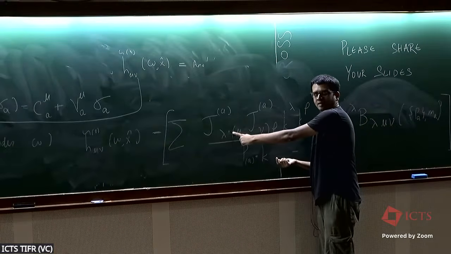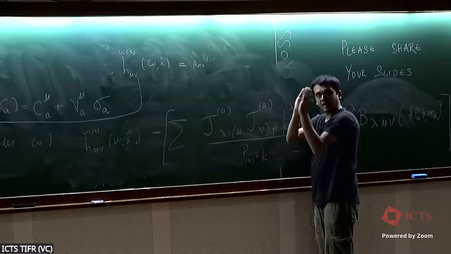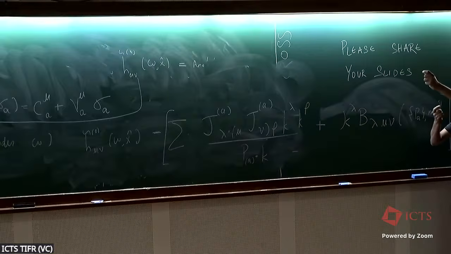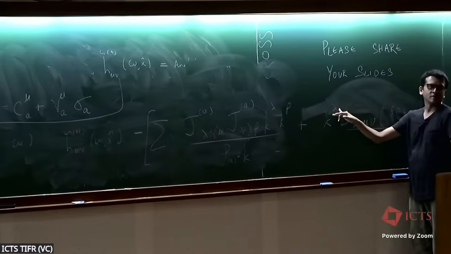But if the theory is a scalar-tensor theory or some other theory, then there can be an extra term, but that extra term depends on whatever the coupling of gravity is with the other fields, which I am just describing like this, and there is some k.